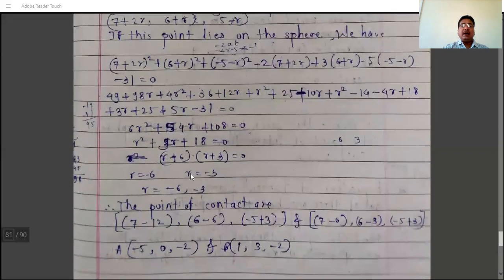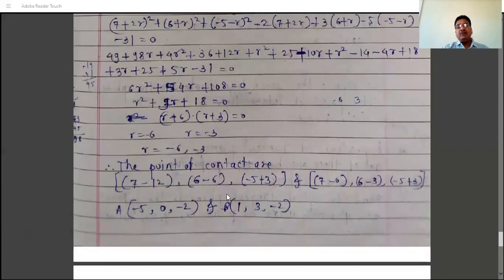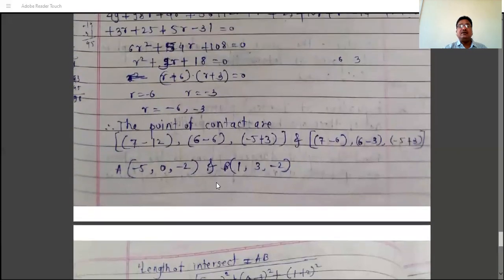So if both the values of r are equal, then we have only one point of contact, or only one point of intersection of line and sphere. In that case, we say the line is tangent to the sphere.